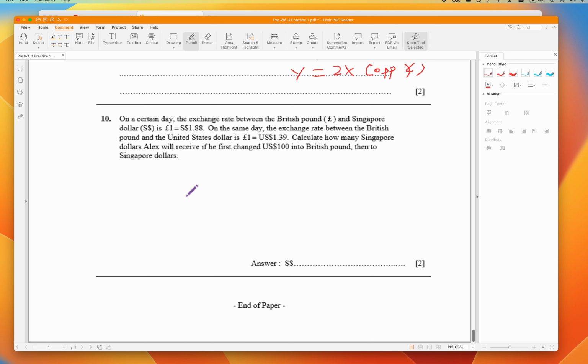Is it $135? $185. Okay, so I don't know.